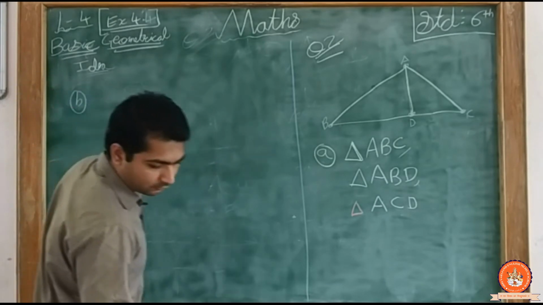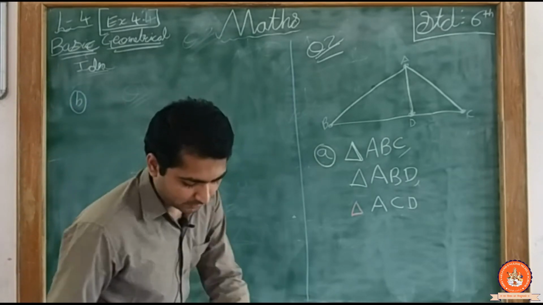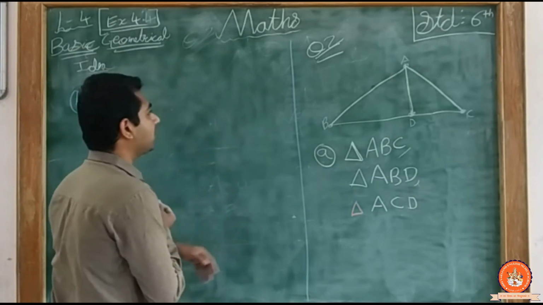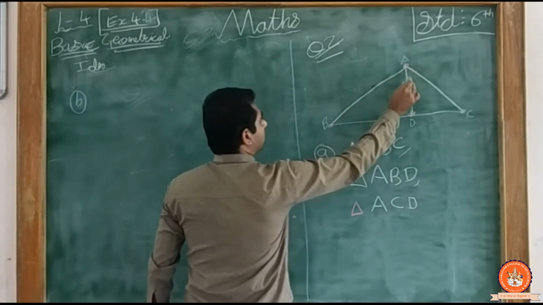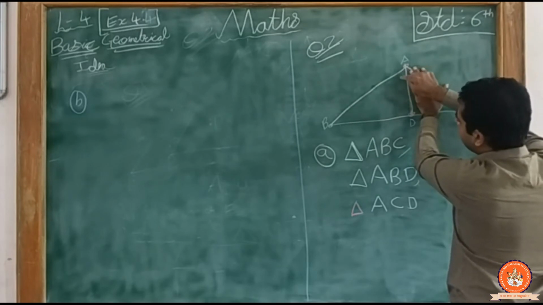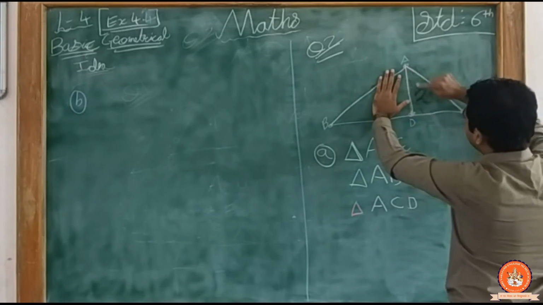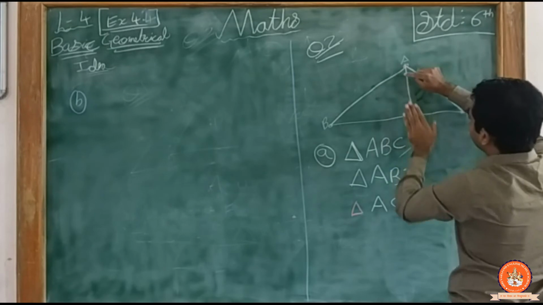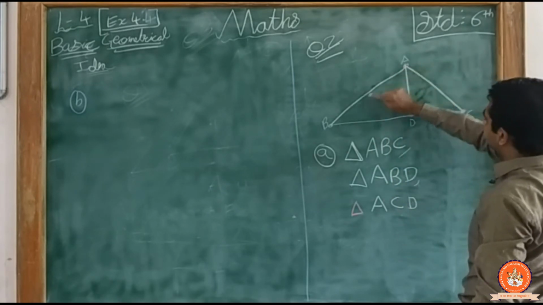What do they ask? Name of 7 angles. Which are the angles? If I am hiding this, so this is my only single triangle, so I have 3 angles here, 3 angles here, and if the middle line is not there, then this is my single triangle.